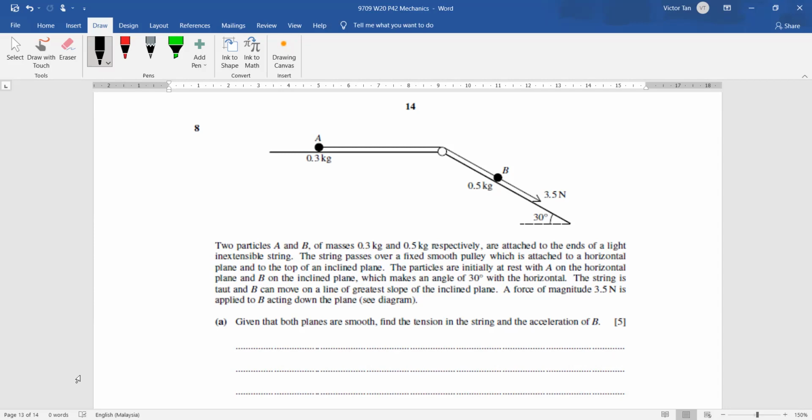String is taut and B can move on the line of greatest slope of the inclined plane. A force of 3.5 Newton is applied to B acting down the plane. Given that both planes are smooth, find the tension in the string.